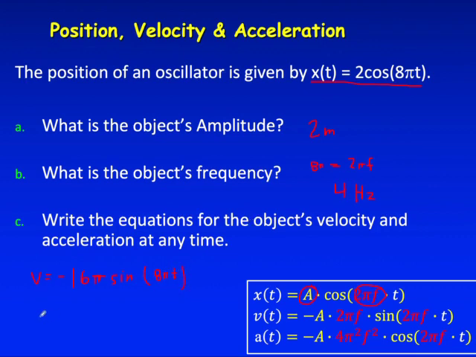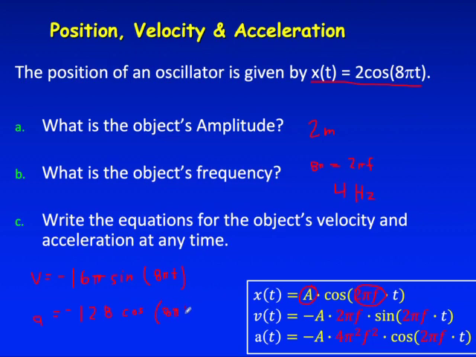And what's the acceleration? Well, the acceleration then is just negative, and that times that again, 80, 40, oh, I hope I got this right. Negative 128 pi times the cosine of 8 pi t. Sorry, I'm still double checking my math in my head.